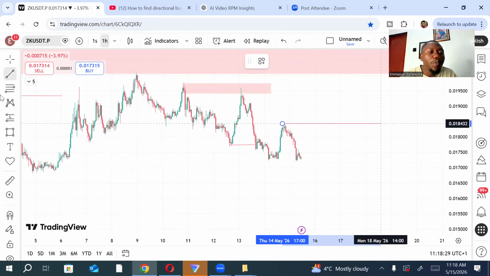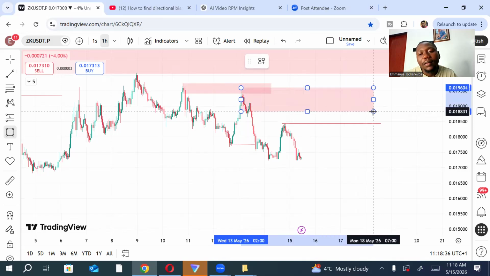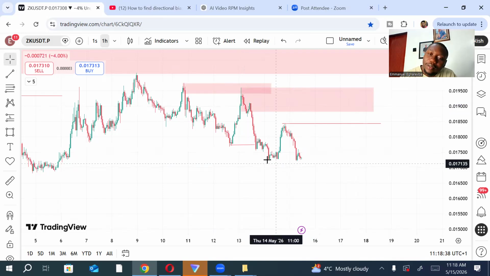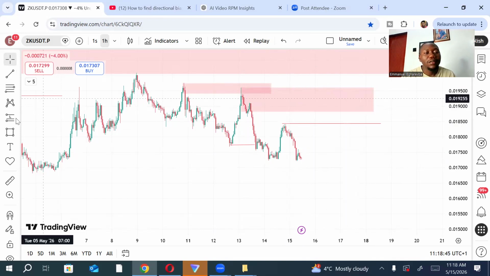So I'm waiting for a pullback that will likely take me here again, to tag me towards this entry. So this will be my entry from here.